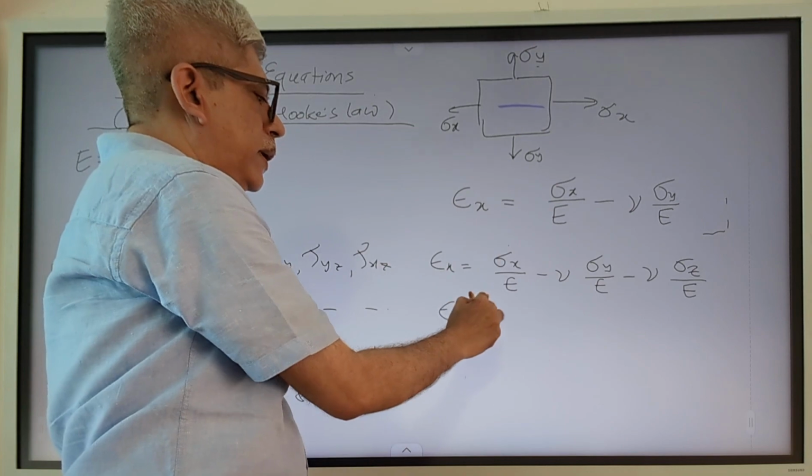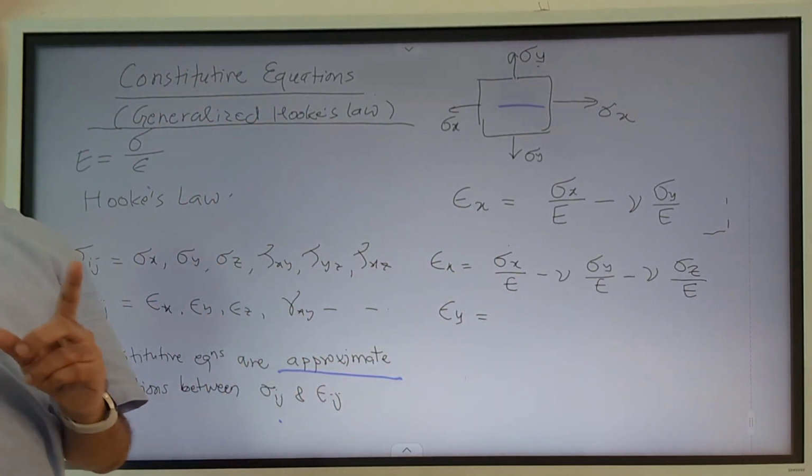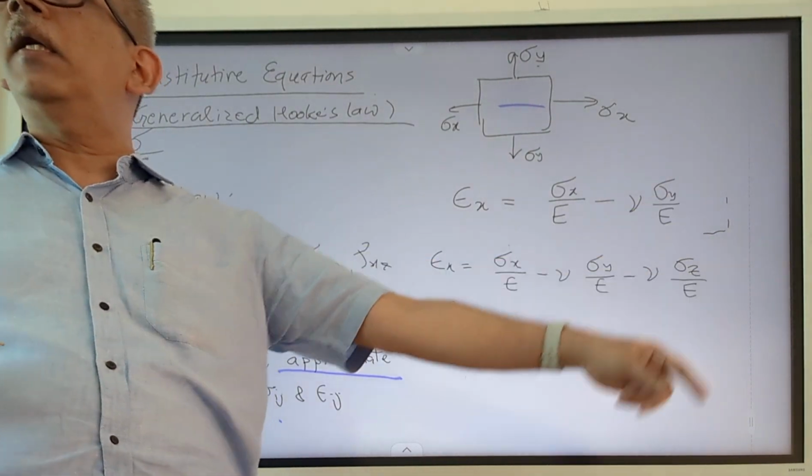Can somebody tell me what would be the equation for epsilon y, the strain in y direction, in terms of again sigma x and all?